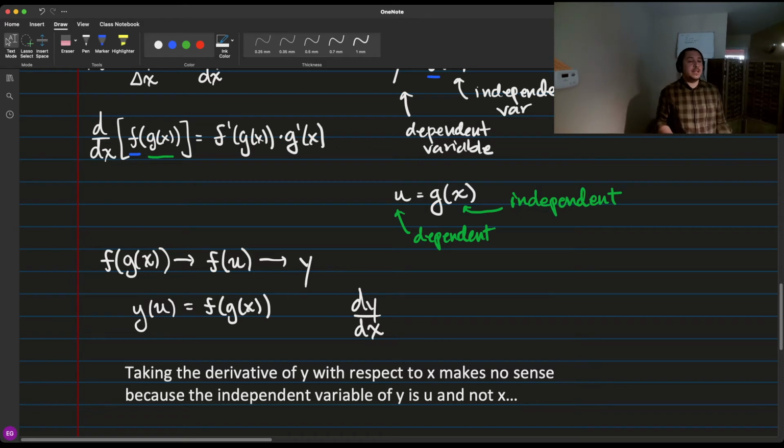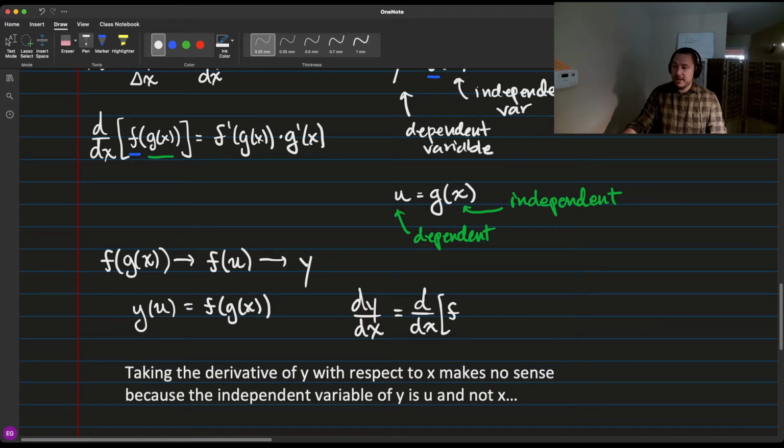If you want to take dy dx, the derivative of y with respect to x, that should make no sense to you because we said earlier that the independent variable of y is u. Okay? So taking the derivative of y with respect to x is the same thing as taking the derivative with respect to x of f of g of x.